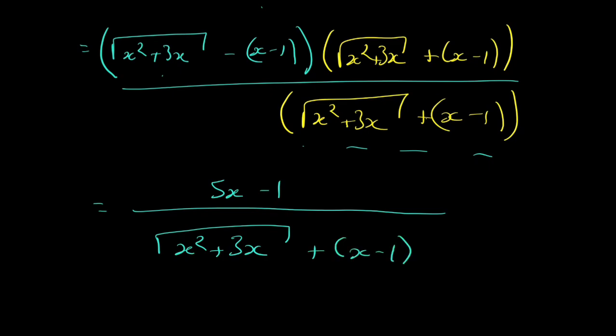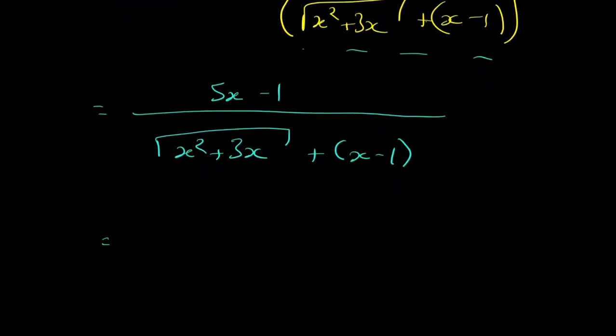And what I want to do now is to put x in factor, in factor of everything at the top and at the bottom. So what do I do now? I factorize by x. At the top, very easy: x times what? 5 minus 1 over x. And at the bottom, I can transform this into x times something.